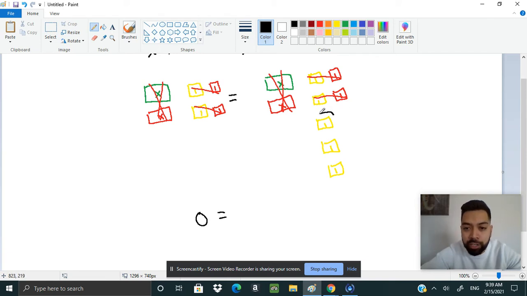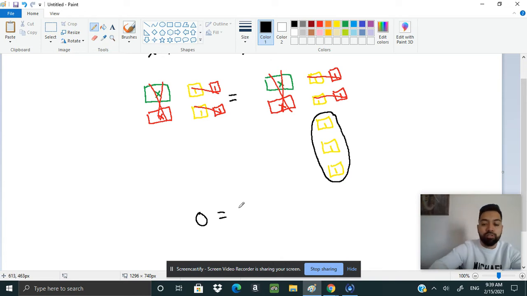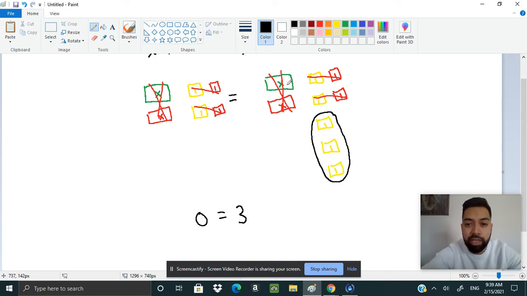And how many are left over here? 1, 2, 3. So this is saying that 0 equals 3. And we cannot simplify anymore. Everything that can be canceled out is already gone. Okay, those are opposites, and they're gone. And so all we have is 3 on this side, nothing on the other side, so that's a 0.